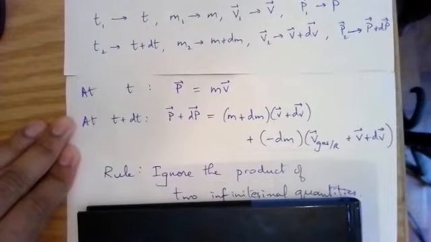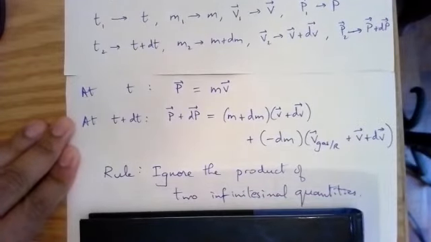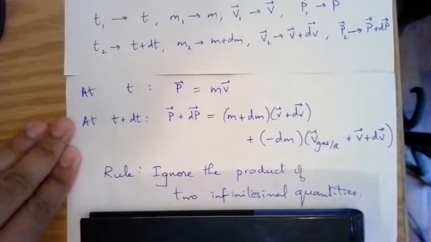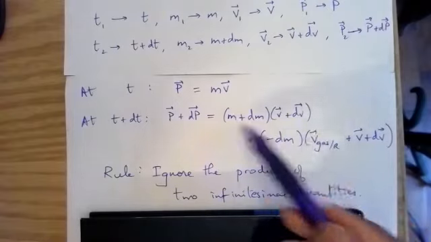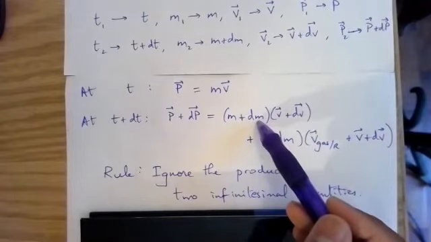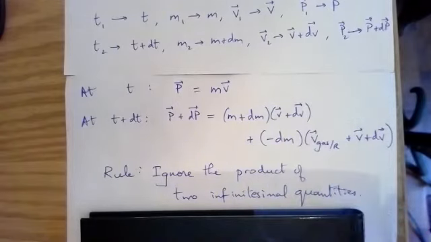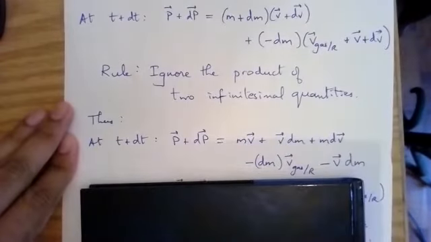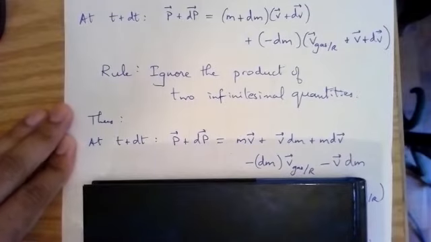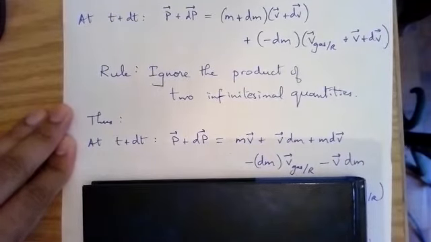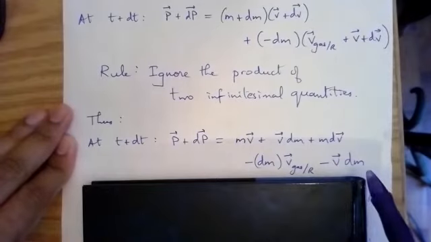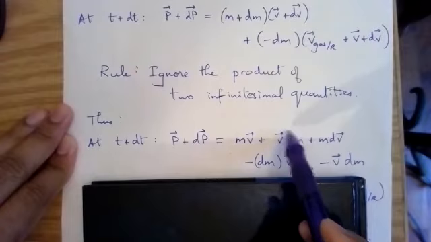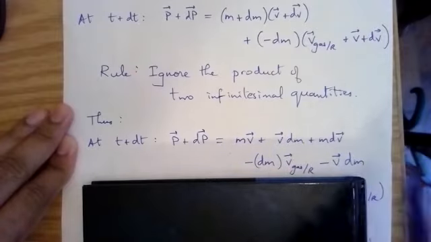We will now simplify these expressions using the rule that the product of any two infinitesimal quantities will be ignored. Thus, when we expand this product, the term dm times dv will be ignored, and similarly over here. With this in mind, at t plus dt, we can expand out the various products, and we get it down to this, and we see further that this term will cancel with this one.